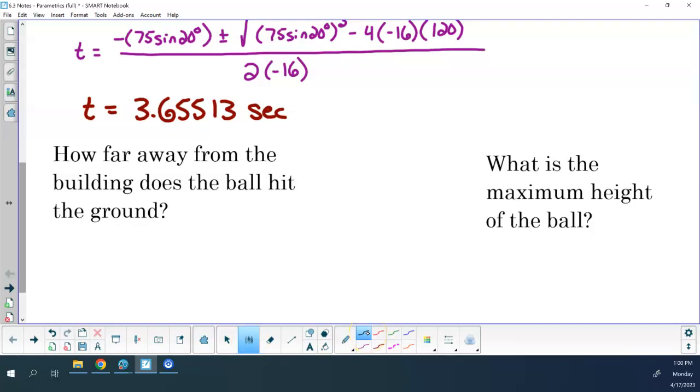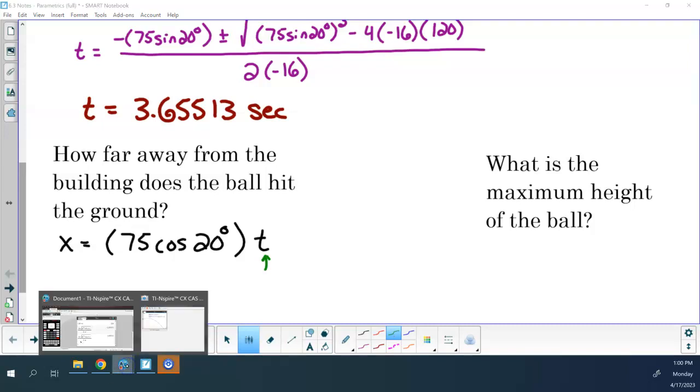How far away is a horizontal component, so that is the x part of the parametric equation, 75 cosine of 20 degrees times t. So now we take the time it takes to hit the ground and plug that in for t, and that will give us how far away it hits the ground.